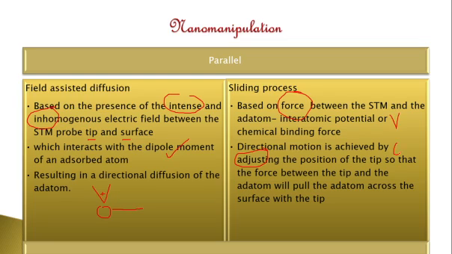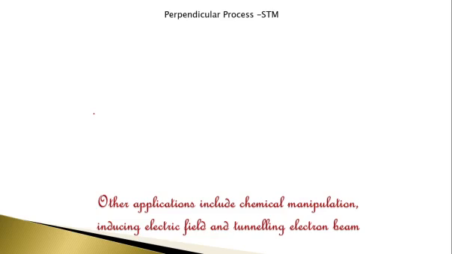If the separation between the tip and the adatom is bigger, there won't be much attraction, but if the tip is very much closer to the adatom, there will be much attraction, so it will be dragged or pulled along across the surface. So we can either use force or the field. If it is force, then the process is called the sliding process. If it is an electric field, then it is called field assisted diffusion.